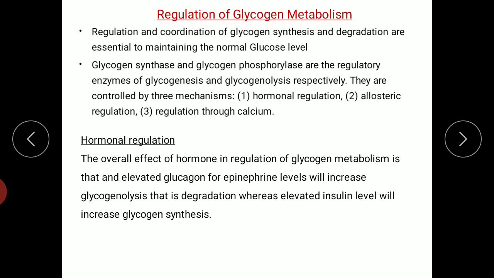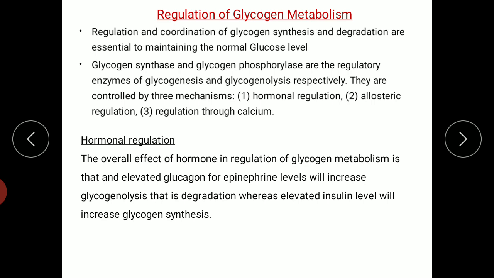Hormonal regulation. In short, the overall effect of hormone regulation of glycogen metabolism is that elevated glucagon or epinephrine levels will increase glycogenolysis, that is degradation, whereas elevated insulin level will increase glycogen synthesis.